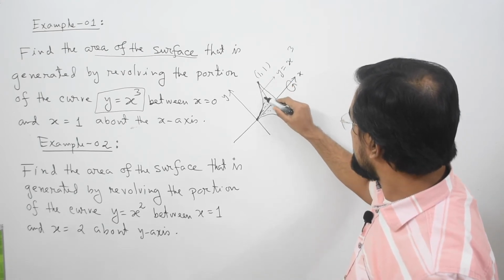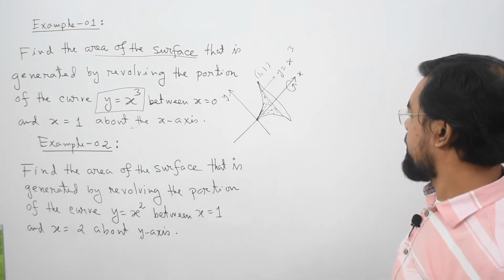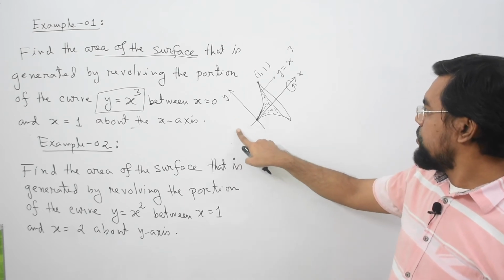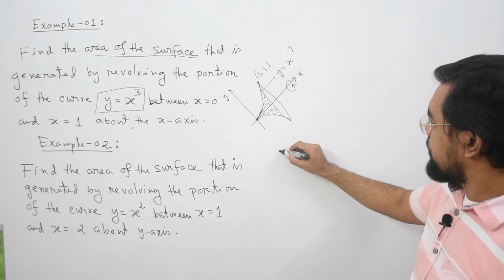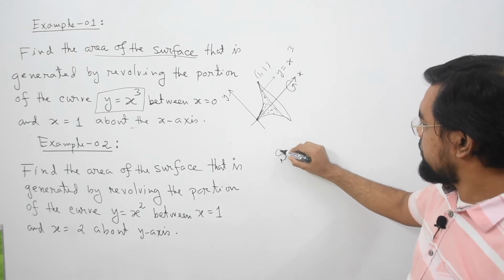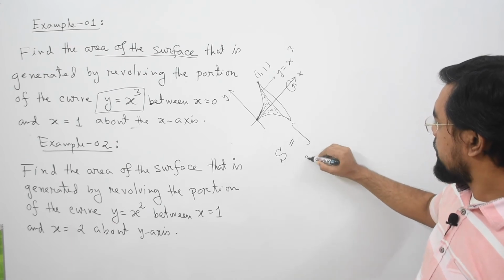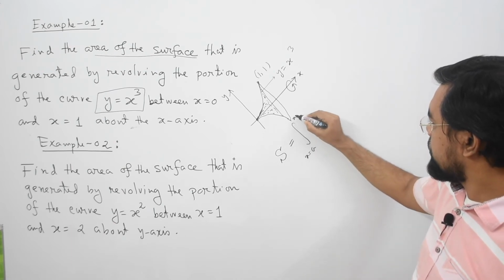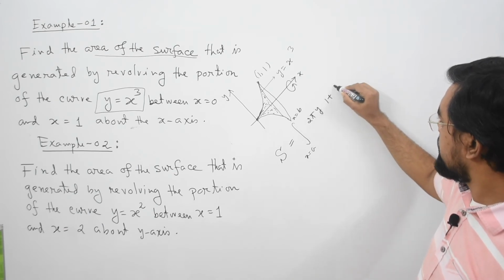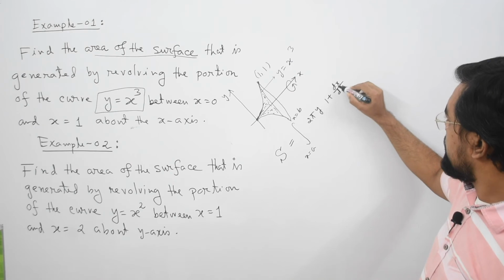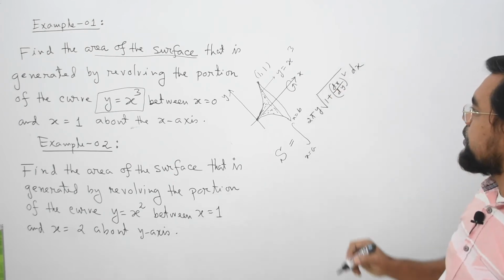So we want to know the area of this surface of revolution, and since we are revolving about the x-axis, our formula will be this one. The surface area is denoted by S, which is equal to the integral from x equal a to x equal b of 2 pi y square root of 1 plus (dy/dx) whole square dx.